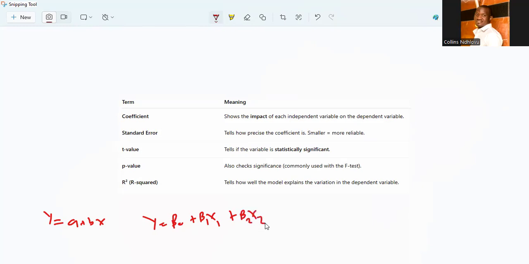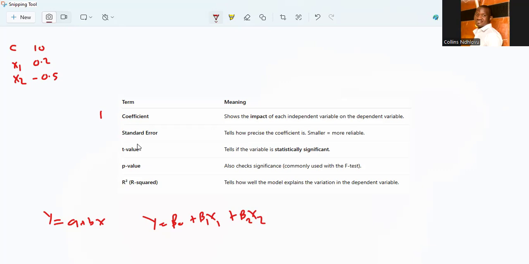So if you have a table like this where the constant maybe is 10, b1 is 0.2, and b2 maybe is negative 0.5.